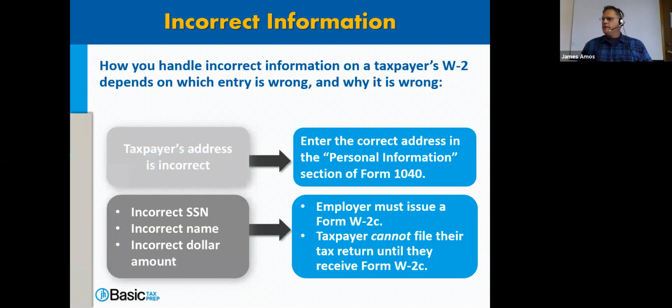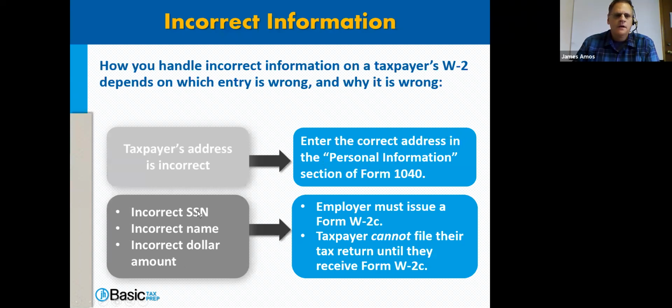Now, let's talk about incorrect information. How do you handle a situation where the W-2 has some errors on it? Well, if the error is just an incorrect address, you may want to point it out to the employee so that it gets corrected, but you can still file the tax return. Just make sure to put the correct address on the Form 1040. That's all that really matters.